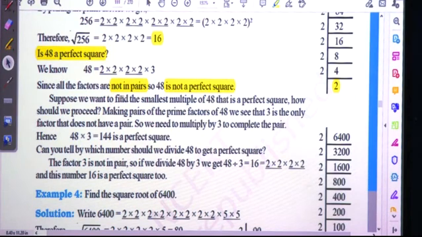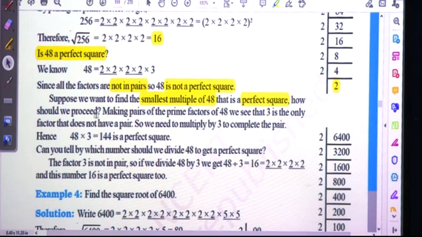Suppose we want to find the smallest multiple of 48. Understand carefully. Suppose we want to find the smallest multiple of 48 that is a perfect square.